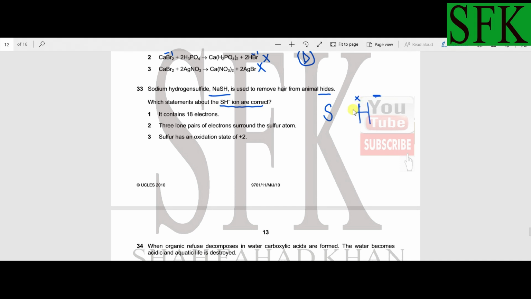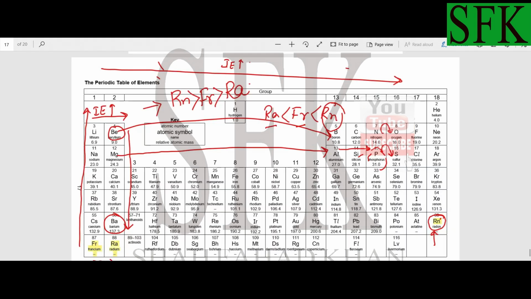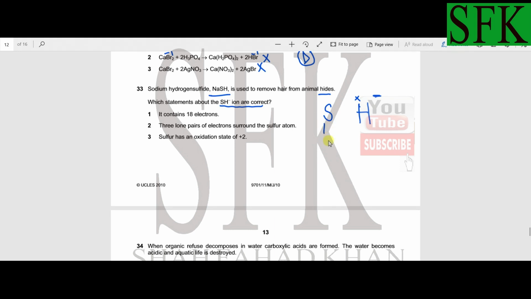We have one electron in hydrogen. How many electrons are there in sulfur? Since the proton number of sulfur is 16, the sulfur atom will also have 16 electrons. One electron is present in the hydrogen atom, and the negative charge indicates that one extra electron has been added to it. So this makes a total of 18 electrons. So yes, one is correct.